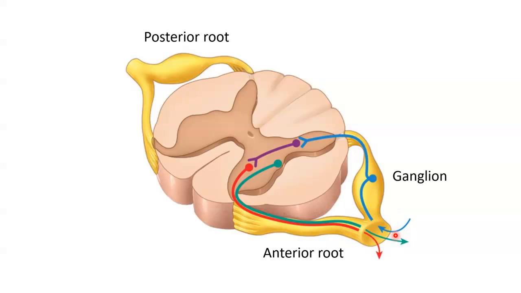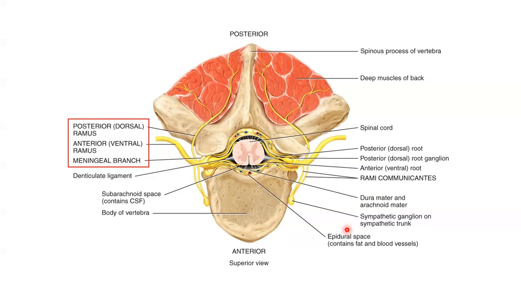Now, all spinal nerves are classified as mixed nerves because they will have at least one axon from a sensory neuron and at least one axon from a motor neuron. Now, a short distance after passing through that intervertebral foramen, a spinal nerve will divide into several more branches.